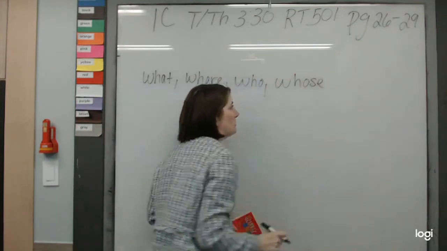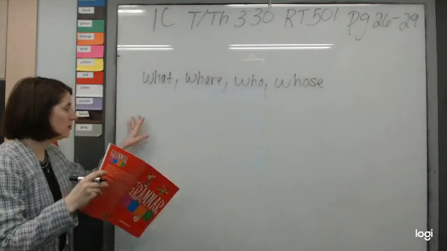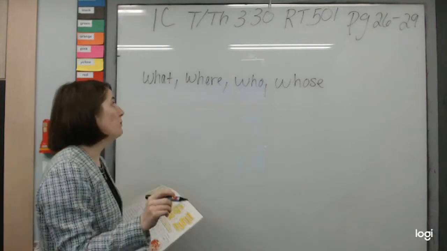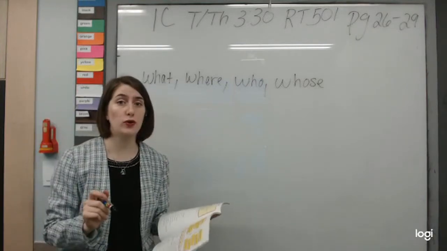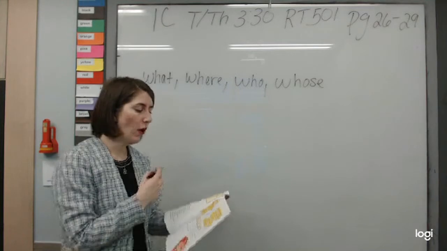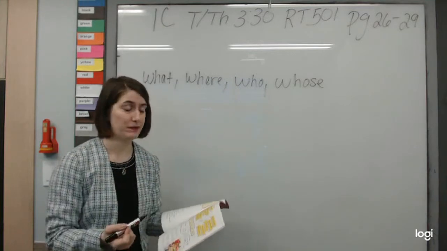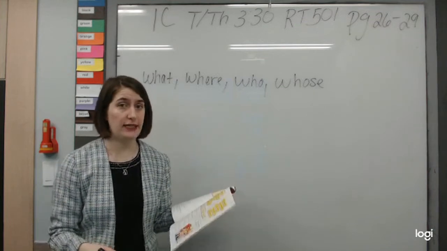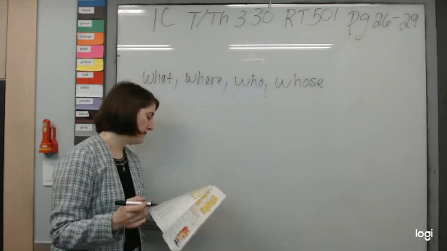Okay? We are going to put these in the blank spaces. Now, before you write an answer, make sure you are reading the whole sentence. If you don't read the whole sentence, it is very easy to make mistakes, all right?